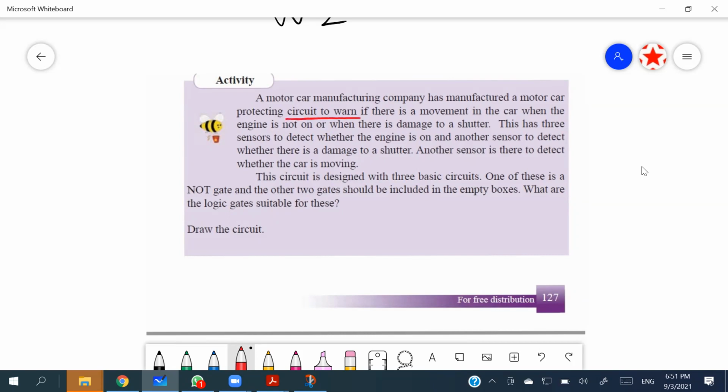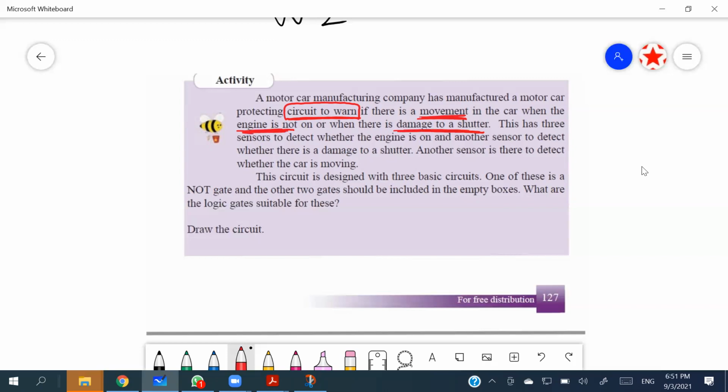Circuit to warn, that is going to be the output. And why is it going to warn you? When there is a movement in the car when the engine is not on, or when there is a damage to a shutter. So this is going to be the output, right?